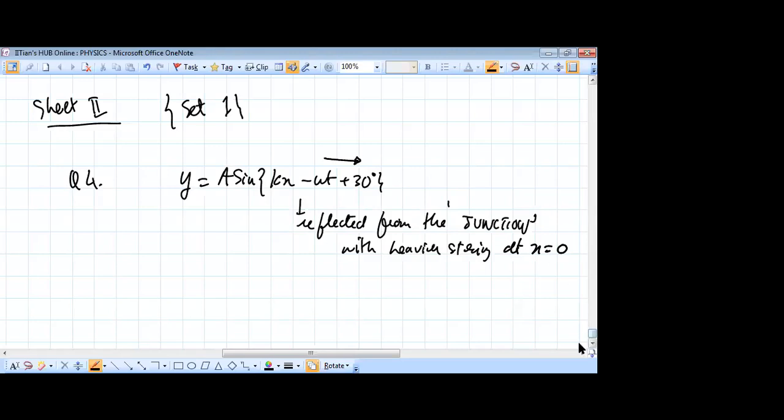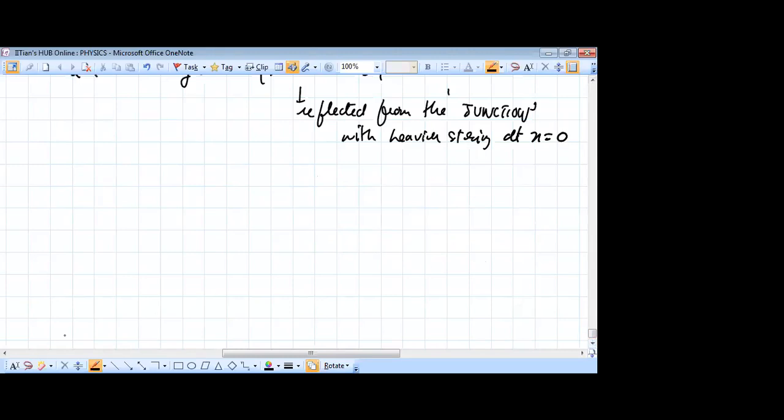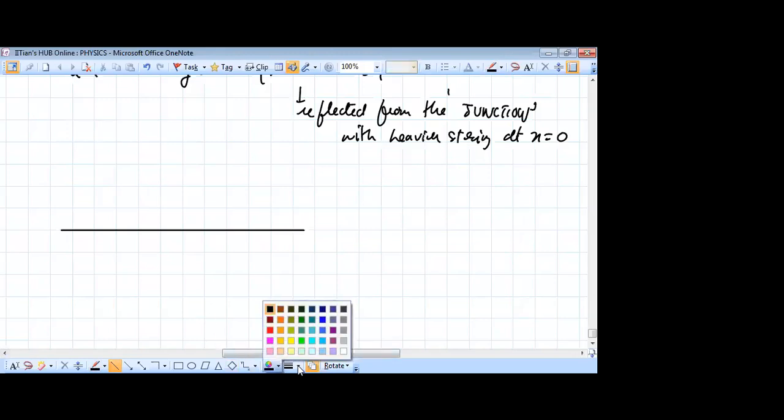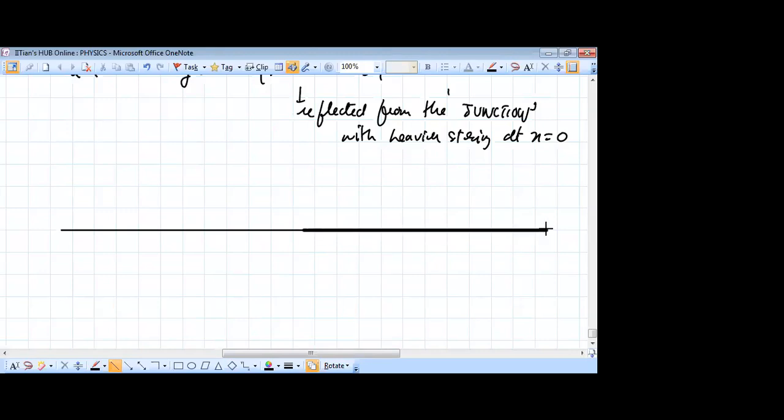That means the lighter string must be present on the negative side of your origin, and your heavier string is present on the positive side, on the right side of the origin.